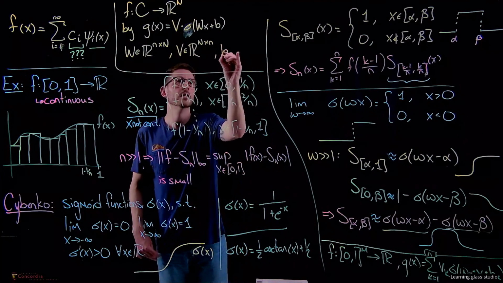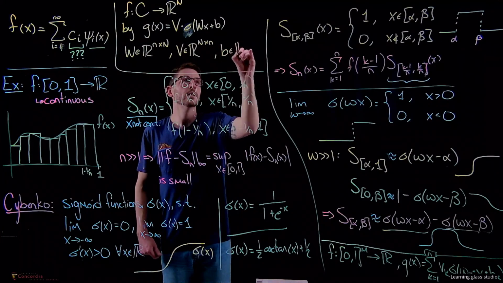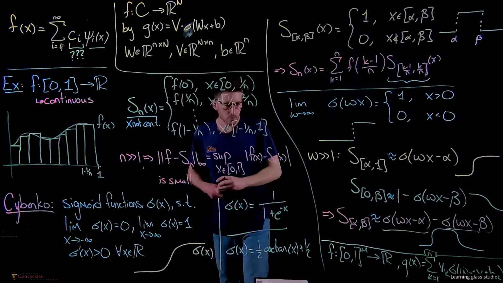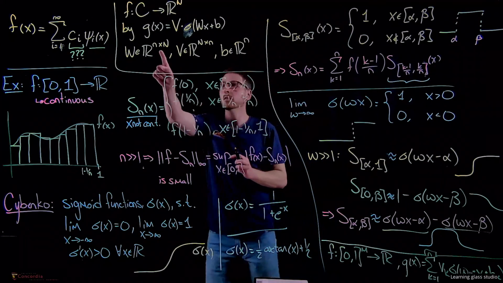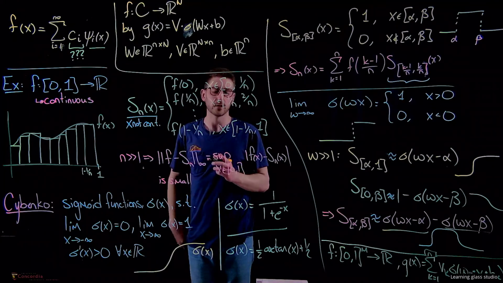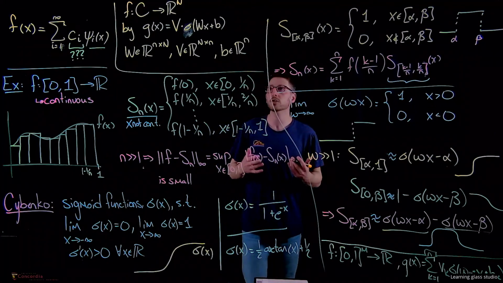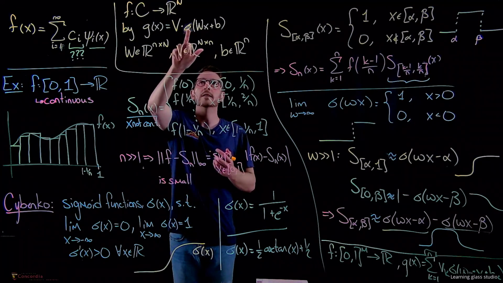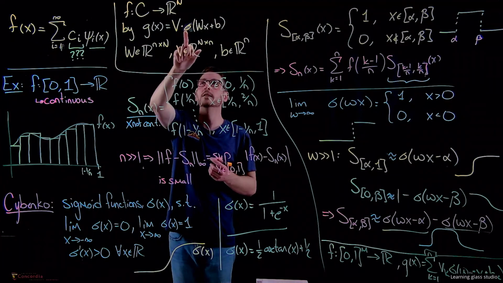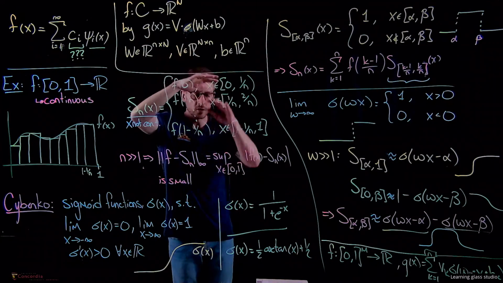And b is in little n-dimensional space. And essentially, what we know from this is the bigger little n is, the better this approximation will be, okay? So this becomes the issue. Here I'm applying my sigma pointwise. So this is sigma being applied to each element in a little n-dimensional vector.